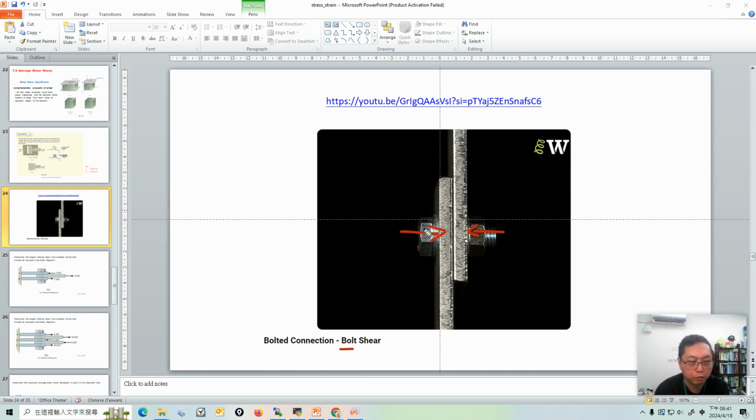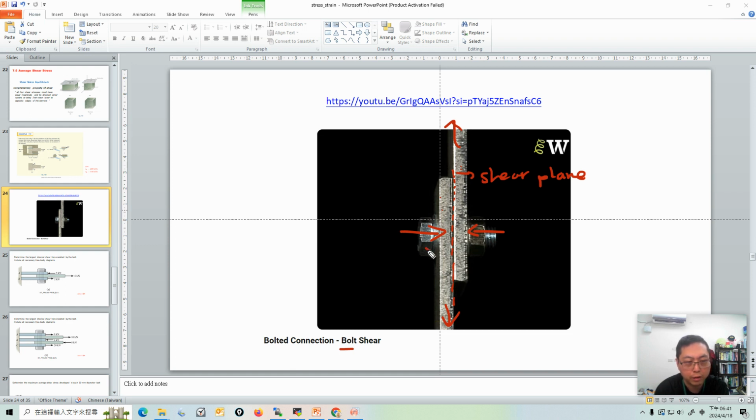For example, the contact area between these two pieces is here, and it's called the shear plane. You apply a force here and a force here, and these two pieces will have shear force happening on this shear plane.